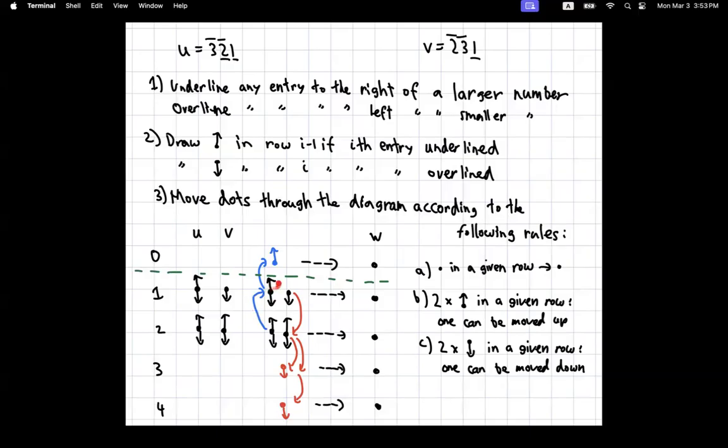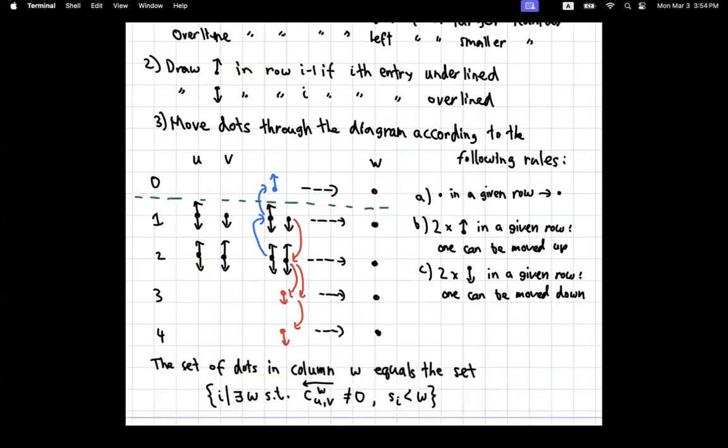Now I have two up arrows here, and then I push one of them up further and I get a dot up in row 0. Similarly for down arrows, I have two down arrows here. I push one of them there. Now in this row, I have 3 down arrows. So I'm going to push 2 of them down to this row and then 1 of them down to that row. And so finally, I end up with a dot in rows 0, 1, 2, 3, and 4.